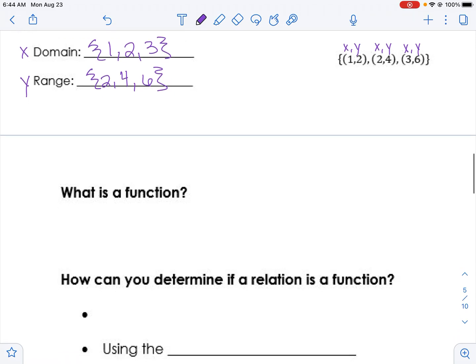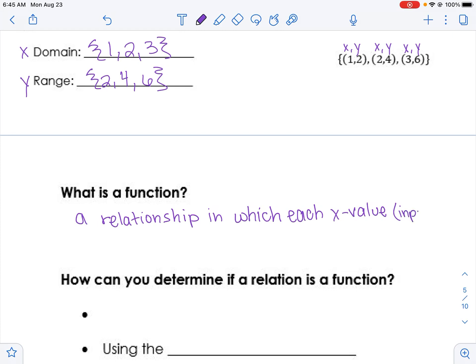Now looking at the next part, it says what is a function? So a function is a relationship in which the x value goes to exactly one y value. So let's write that. A relationship in which each x value, okay, remember our x values are also our inputs and our domain.